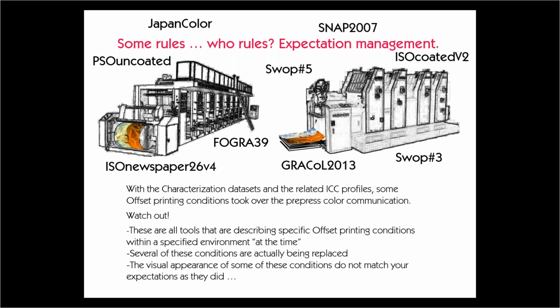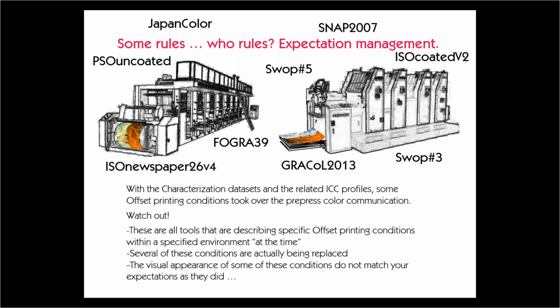And in consequence of the success of these characterization data and the related ICC profiles, customers and prepress houses started to standardize their print data preparation with maybe one or two of these existing data sets.